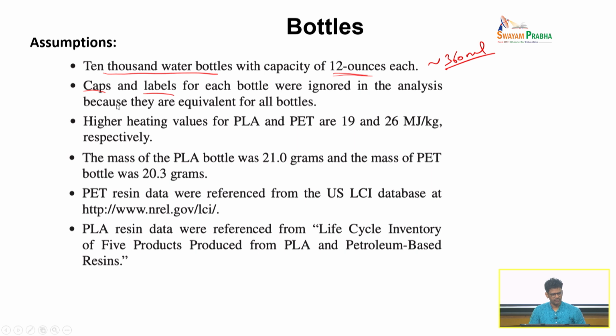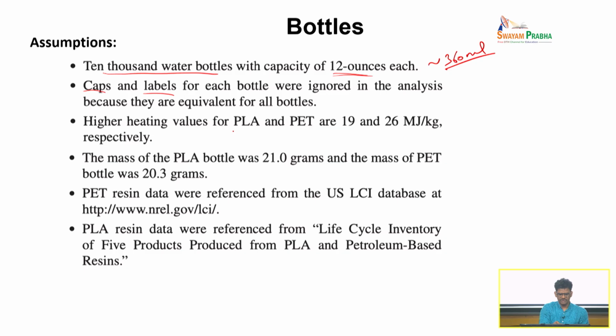If you want to include them, they are typically made of different kinds of materials. Even in PET bottles, the cap is typically HDPE and the label is polypropylene. But here they are keeping that out of the context in this example.